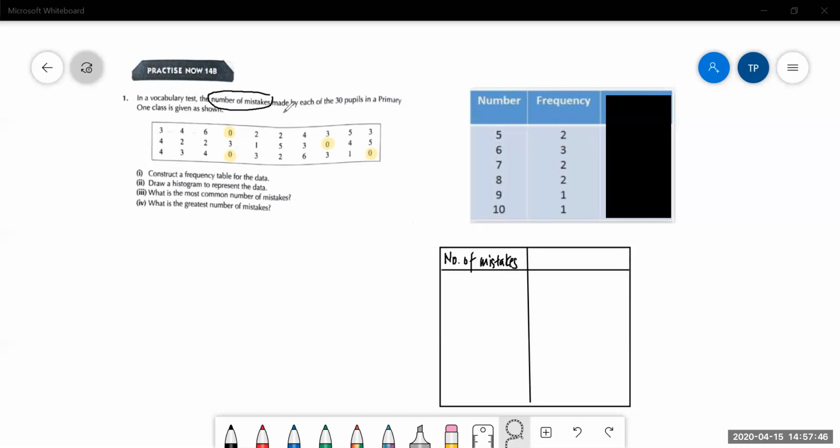Make sense? Then on the other side of the column, I'll be writing frequency. So for 0 number of mistakes, I have 4. So on and so forth. You have to find out for every single number of mistakes its respective frequency.